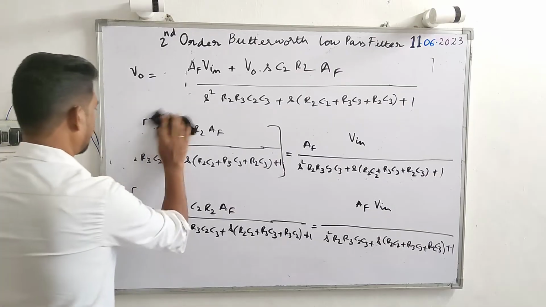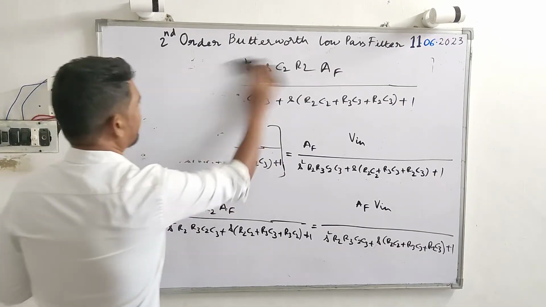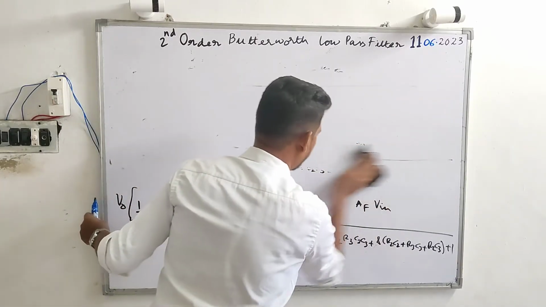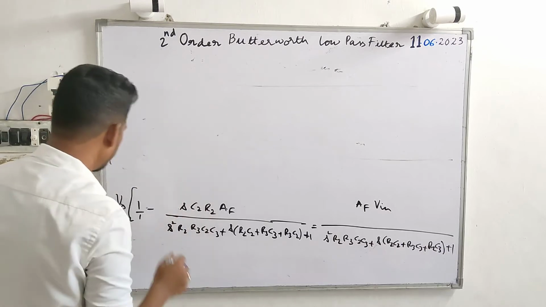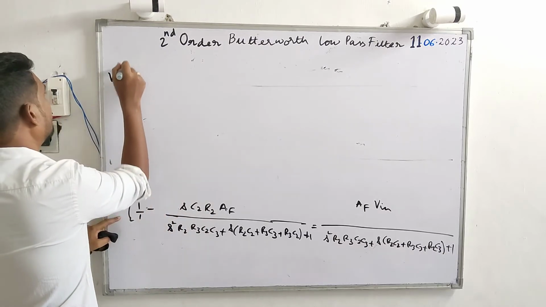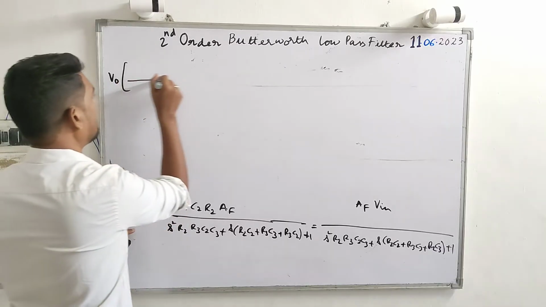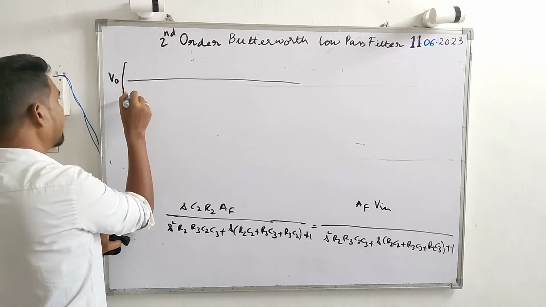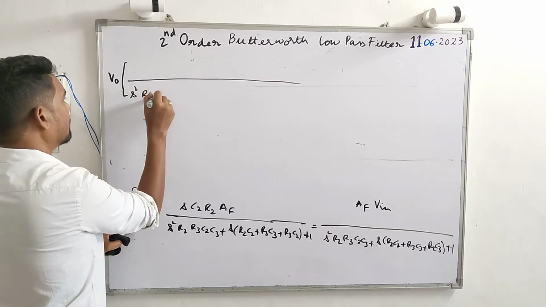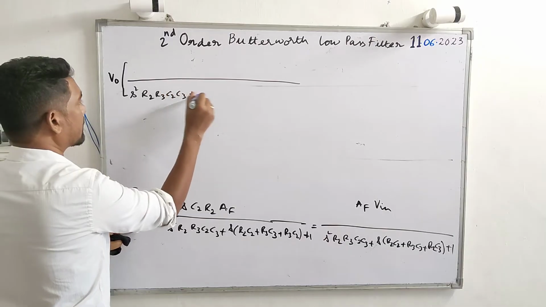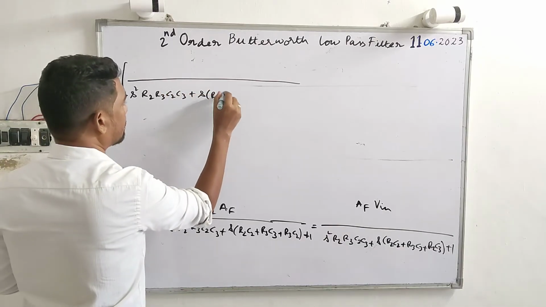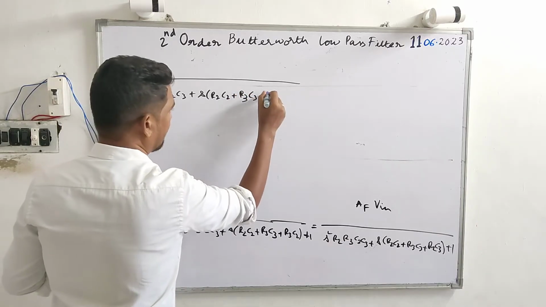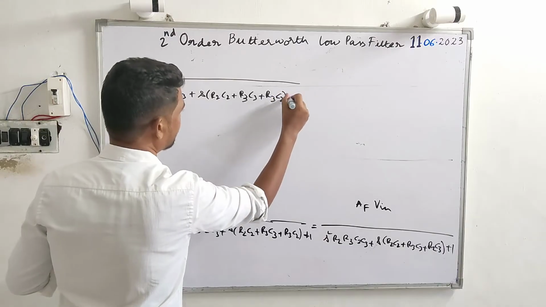Now that expression which is in the LHS, if we simplify this one, we'll have a V0 of this one. The LCM in the denominator will be S square R2 R3 C2 C3 plus S times (R2 C2 plus R3 C3 plus R3 C2) close the braces plus 1.